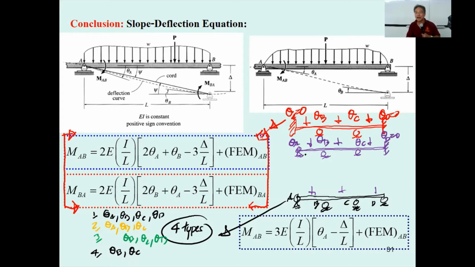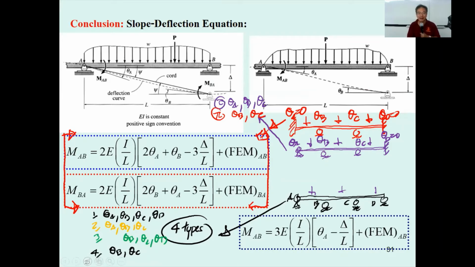There are 3 degrees of freedom. The problem here can be separated into one where we are looking for theta A, theta B, theta C. And then the next one, you may consider only theta B and theta C. This kind of problem can be 2 types.